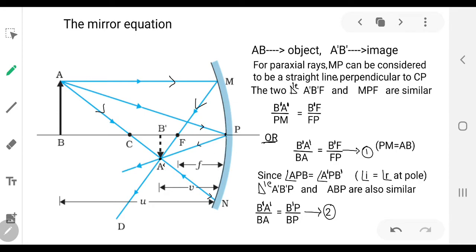It follows the laws of reflection: angle I is equal to angle R. It is incident at some angle with the principal axis, which is the normal at the point of incidence, and it reflects at the same angle R. This reflected ray also passes through A dash.